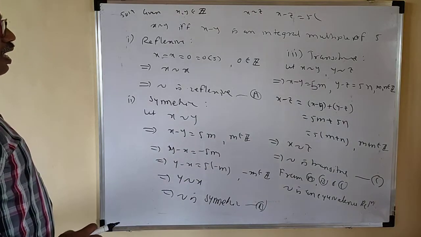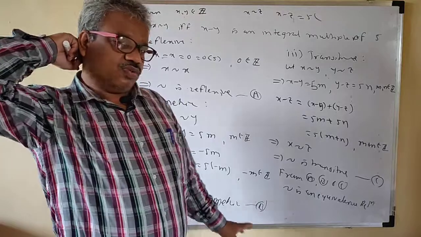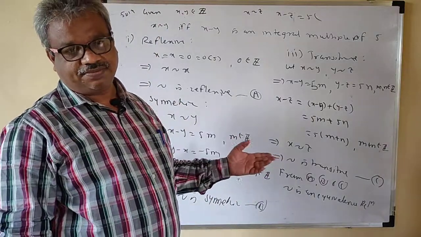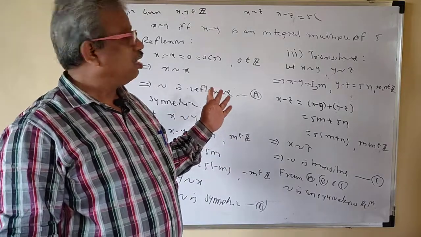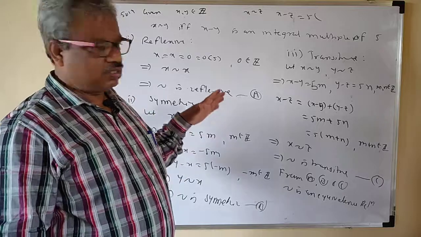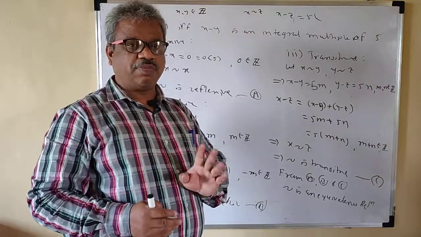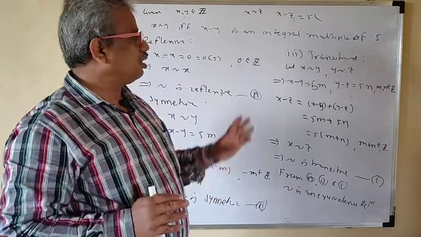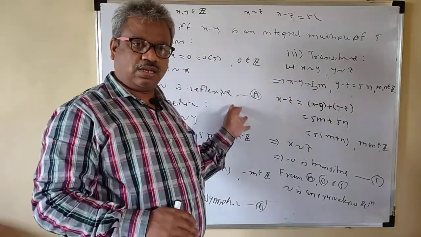I hope you understand the relation now. We have seen the types of relation, and the equivalence relation is also a type of relation. So the relation part is over here.